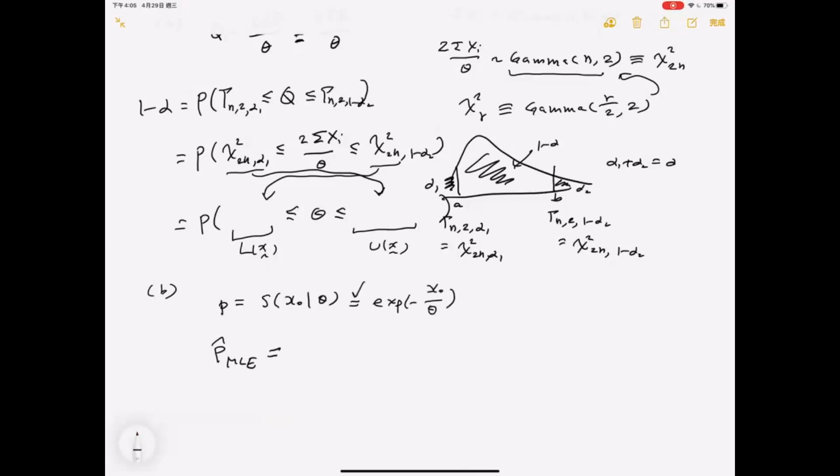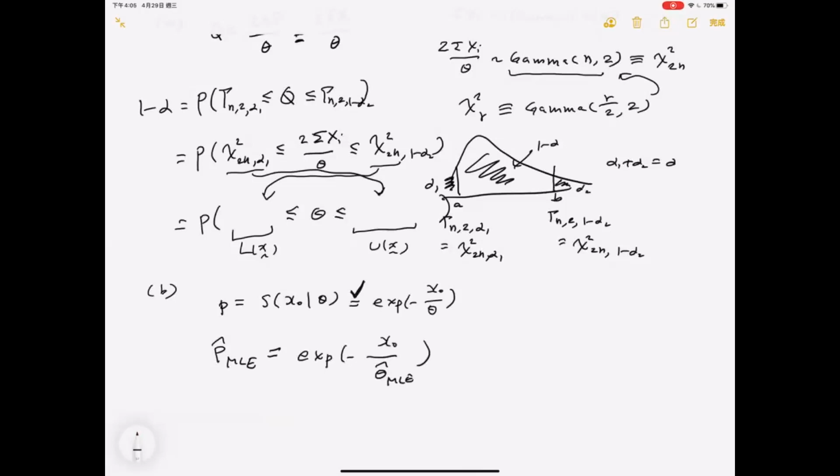As long as you can see that P is actually a function of theta, then you do know the MLE of that function of theta, right? Because I know from the parent distribution how to find theta hat MLE.